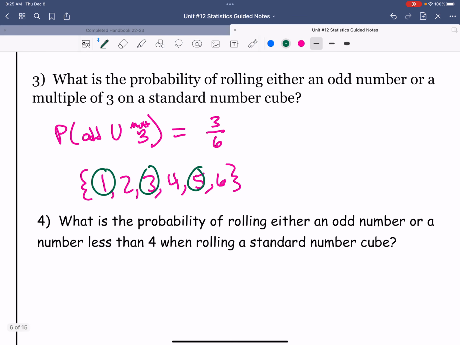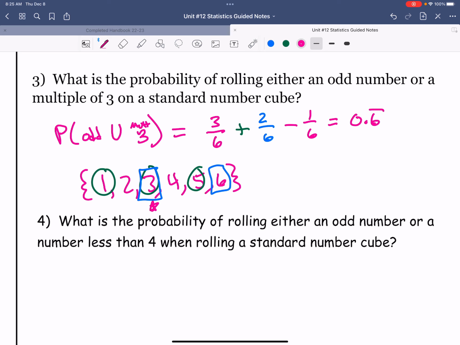So there's 3 out of the 6. Added to, we've got multiple of 3, which would be 2 out of the 6. Subtract any overlap, and we've got that this 3 is an overlap. 1 out of the 6, and we get approximately 0.6 repeating. Well, actually, exactly 0.6 repeating.